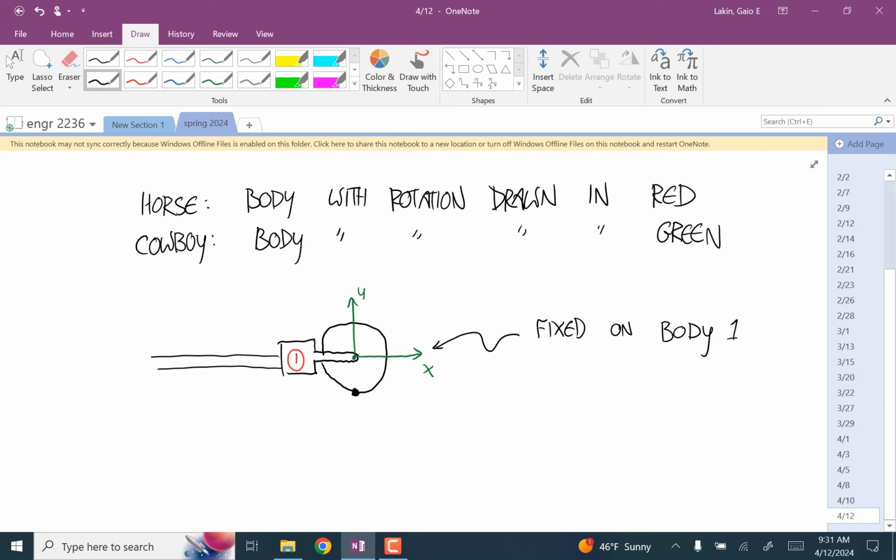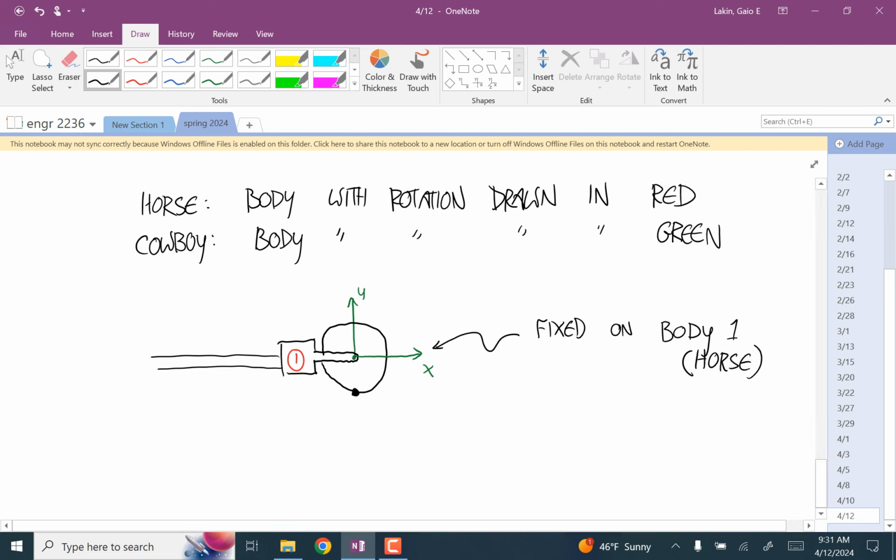Because, as this thing turns, so now say this thing is rotated down 90 degrees. I mean, the axis of rotation did change, but the z-axis also changed, and so it's still rotating about z. That's the idea. Okay, so this is the horse.